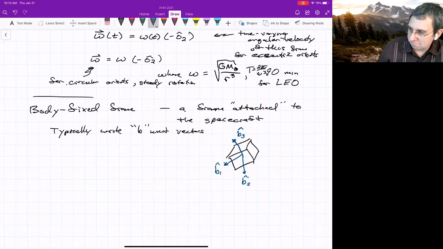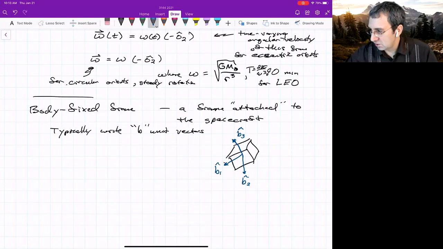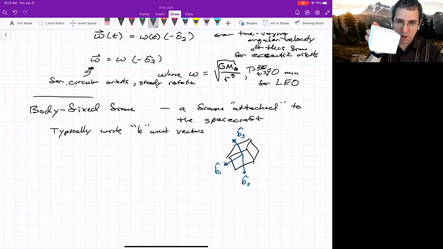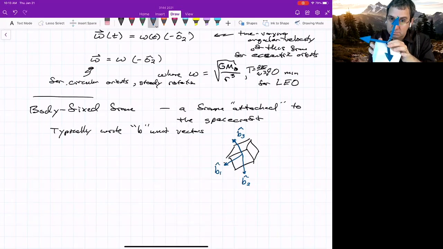So far there's no meaning to these except that they're just some convenient choice of vectors to attach to your body. So here I have a cube, so maybe I'd pick my unit vectors to point perpendicular to the three faces of the cube. And this is just something convenient, okay?